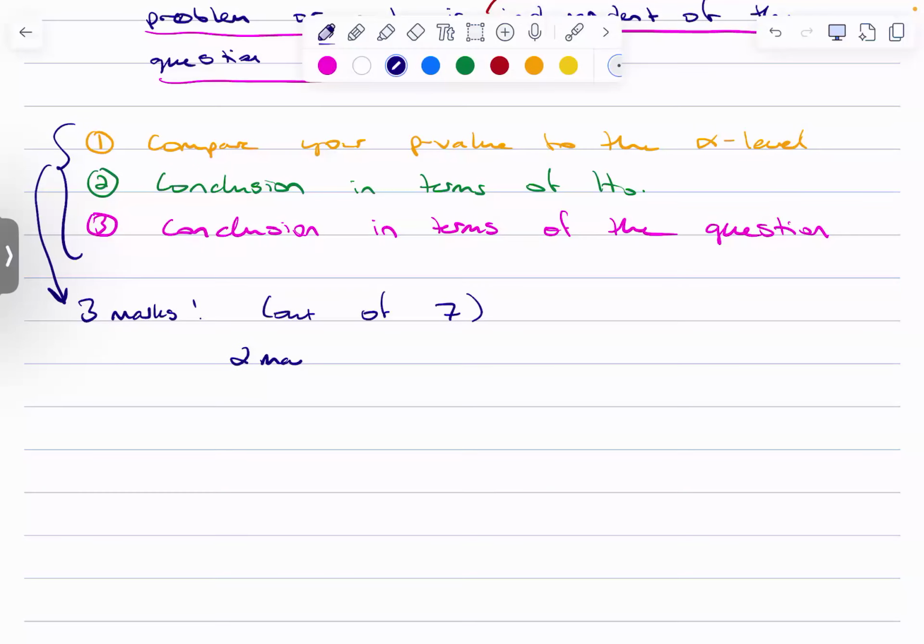Two marks for your null and alternative hypotheses, right? Often because if you set out on the wrong null and alternative hypotheses, if you're able to stick with it, which is difficult, but if you're able to stick with it and plow through, then that's worth more than just jumping around, right?